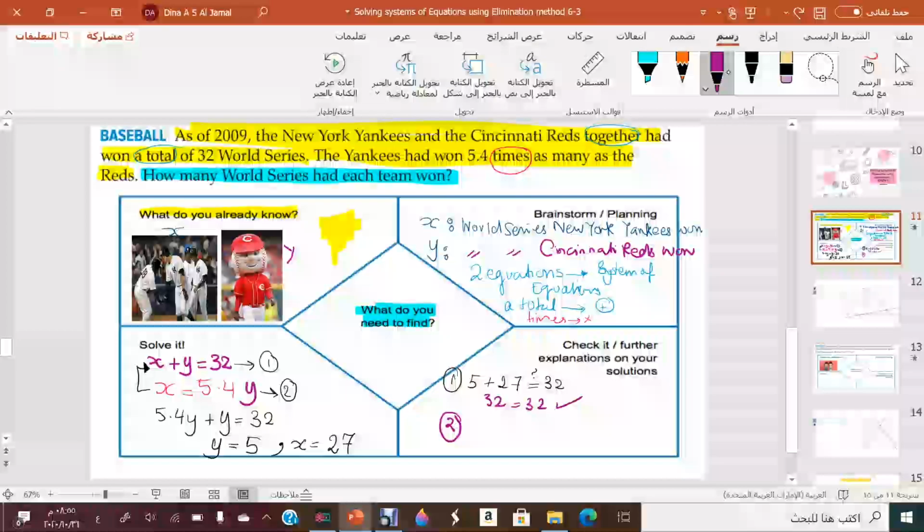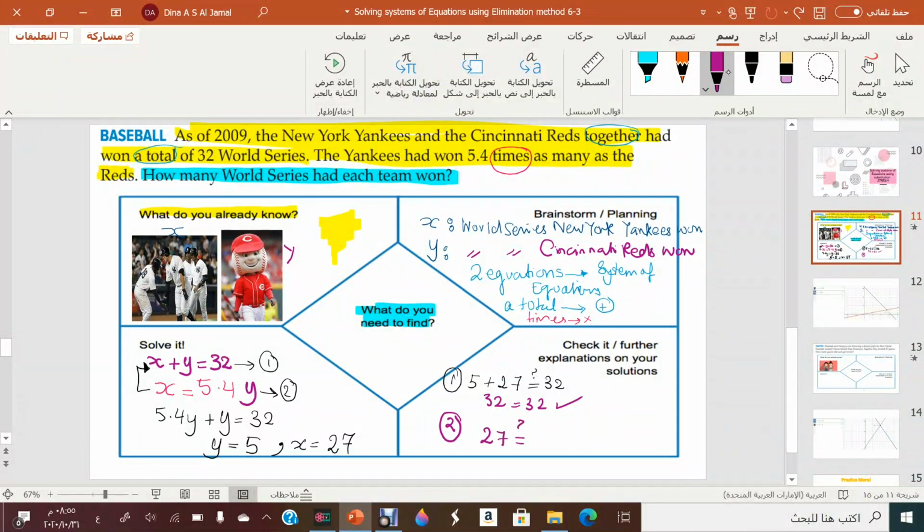We are having x as 27. Is it equal to 5.4 multiplied by 5? After you check, yes, it will be equal. That means it is a solution for the system, and yes, you are having 27 and 5.